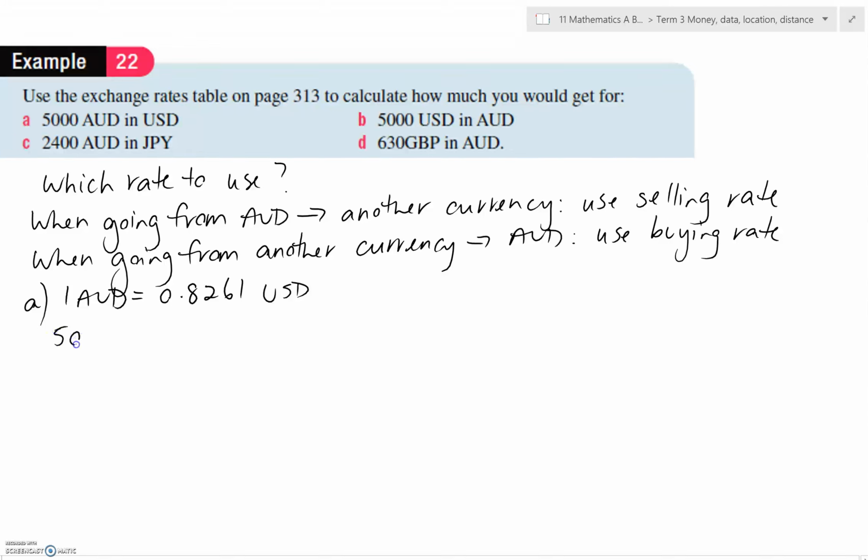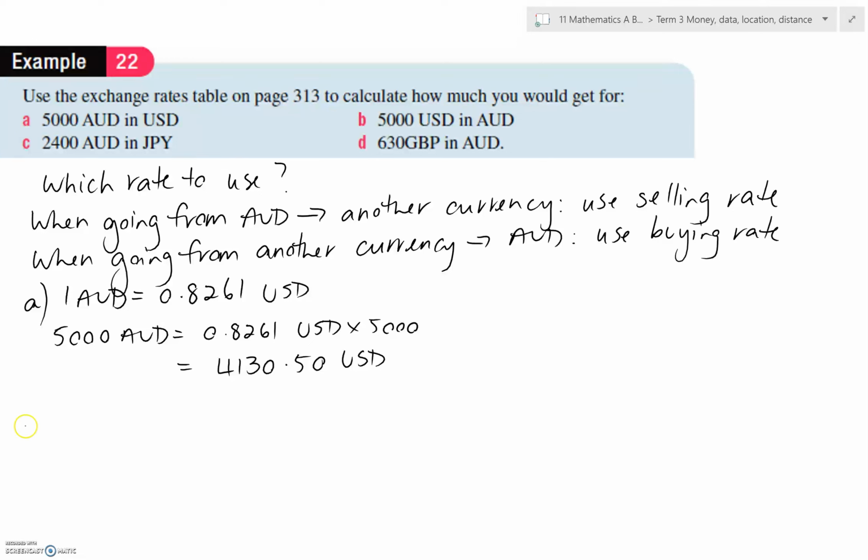The method is exactly the same as we did in the first one. It's really just determining which rate to use here. So our 5,000 Australian dollars is going to get us only $4,130.50 in US dollars.